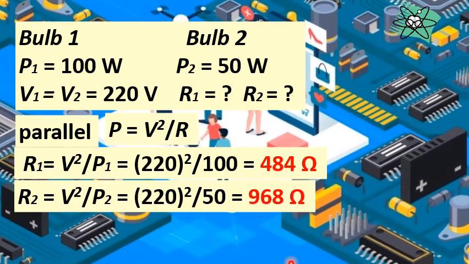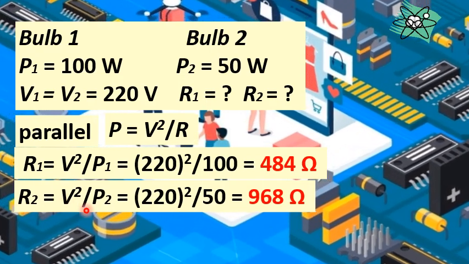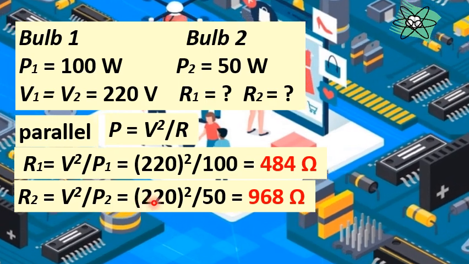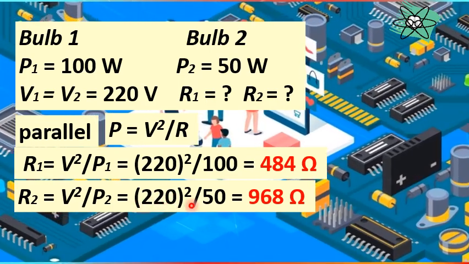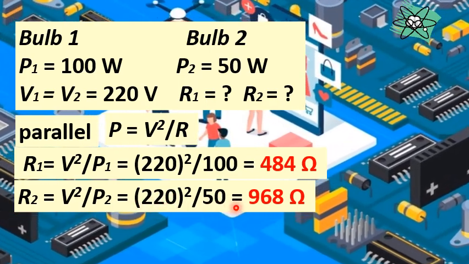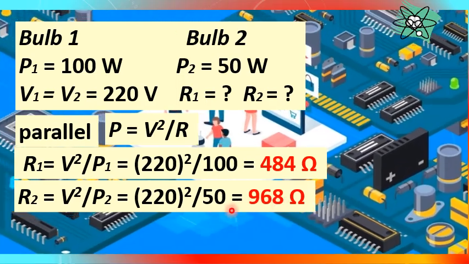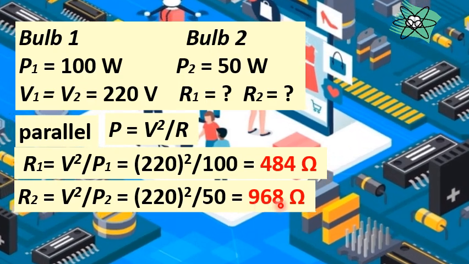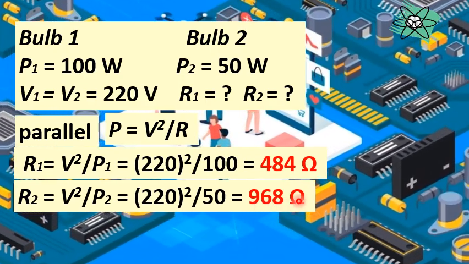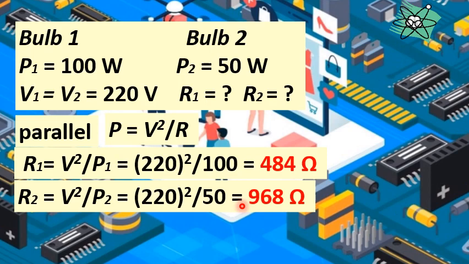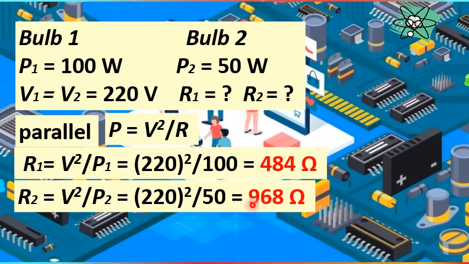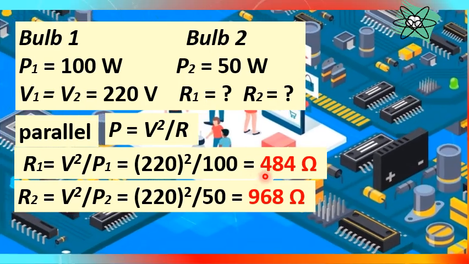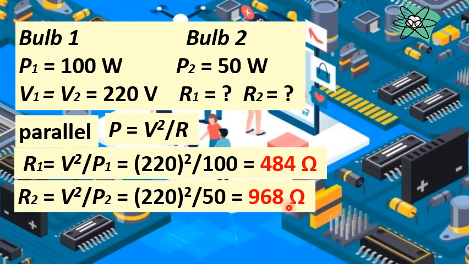Similarly, for the second bulb, R2 is equal to 220 volts squared and then divided by 50 watts. So simplifying, we get 968 ohms. As expected, the value of the resistance for bulb 2 is twice that of bulb 1.